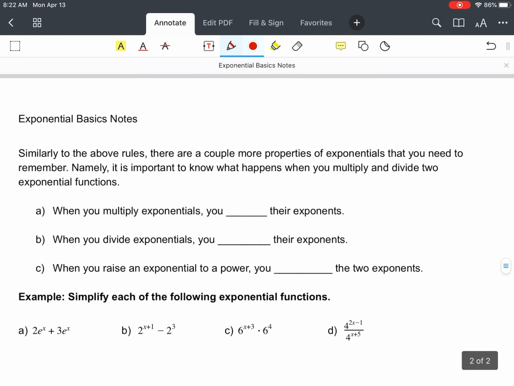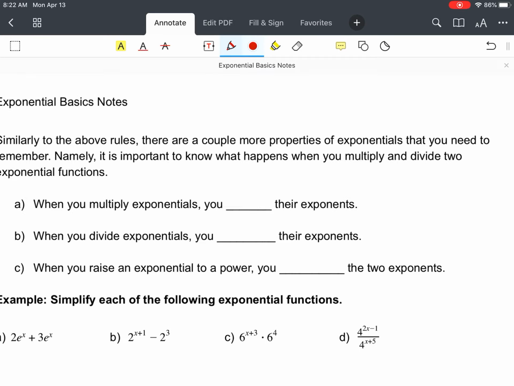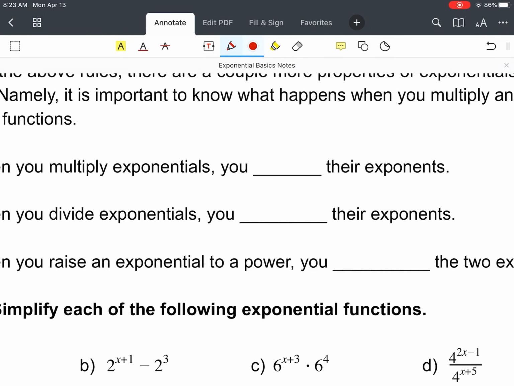Okay. Our last little thing here are these basics of all exponents, okay? But we're going to apply them to exponential functions. So if I multiply two things with exponents, if they have the same base, I'm going to add their exponents.